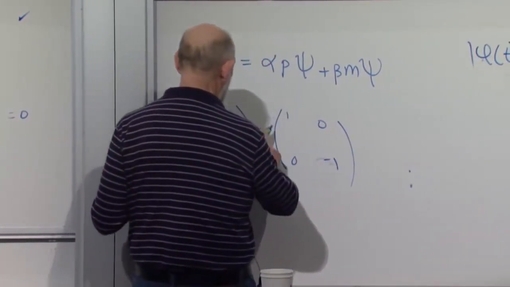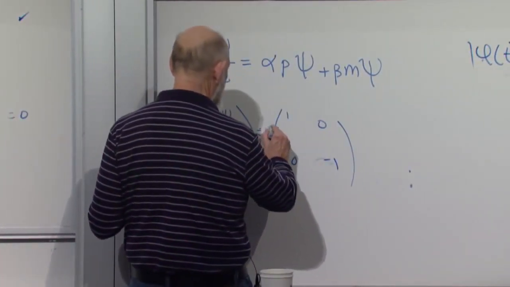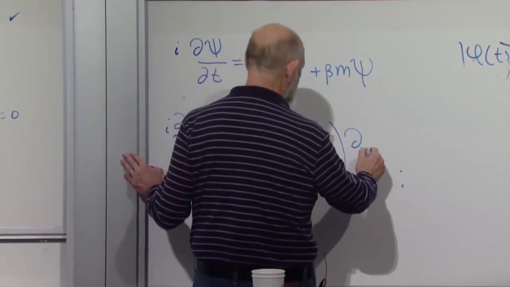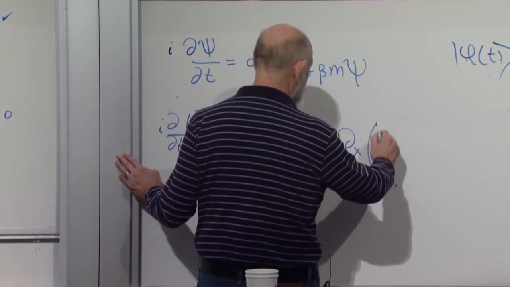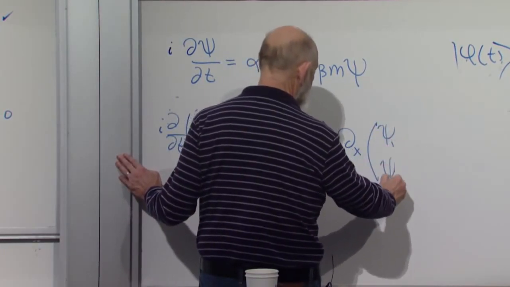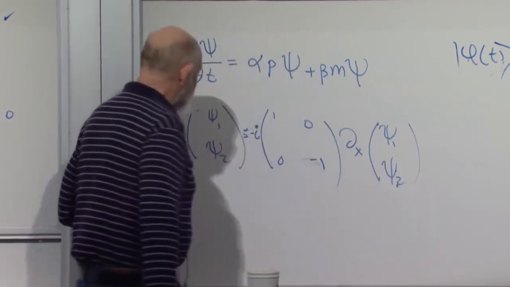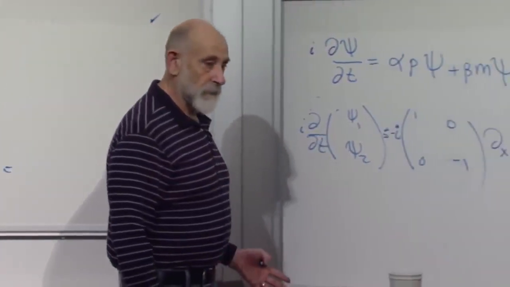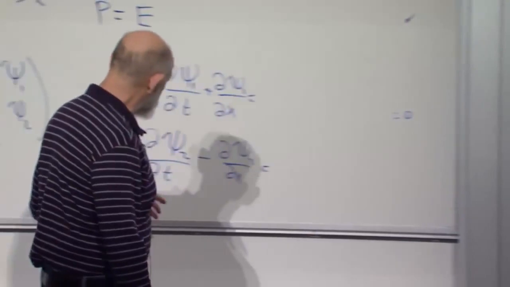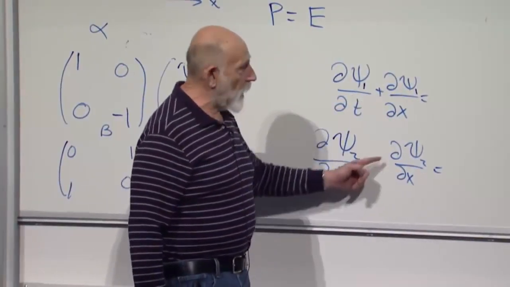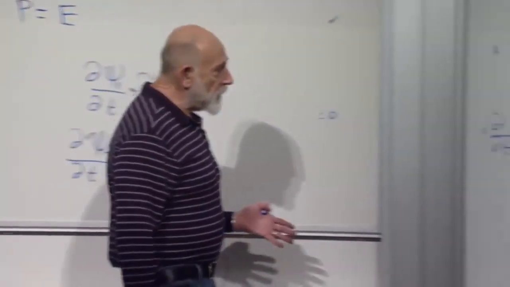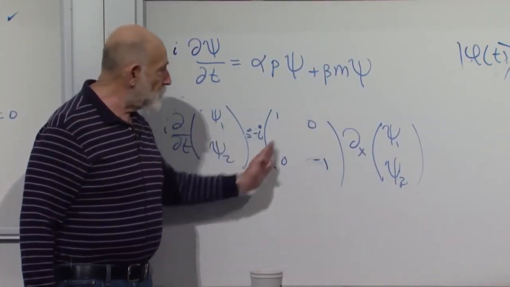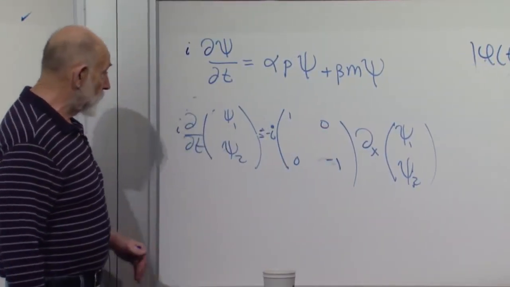So we have minus I d by dx of psi 1, psi 2. Now, so far, we're just rewriting the 2 equations here, separate equations for psi 1 and psi 2, and the reason they're separate is because this matrix is diagonal. It does not mix psi 1 with psi 2.